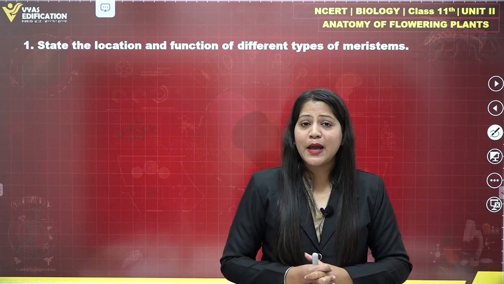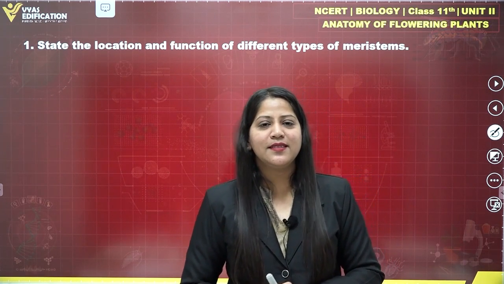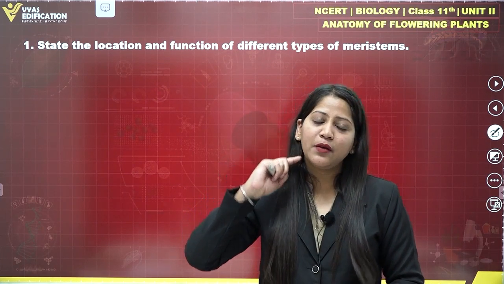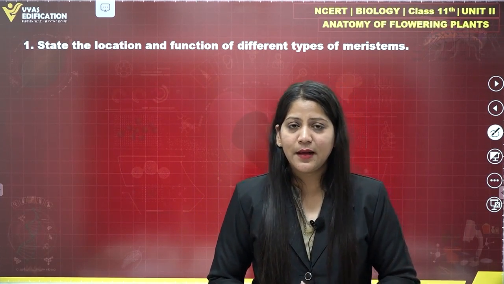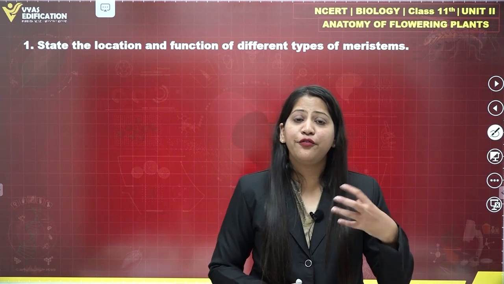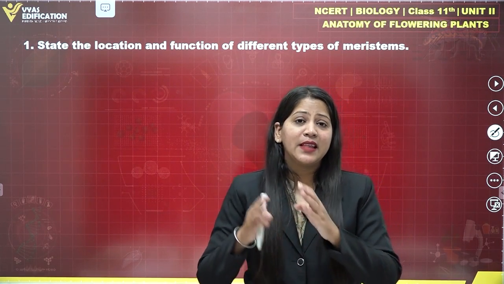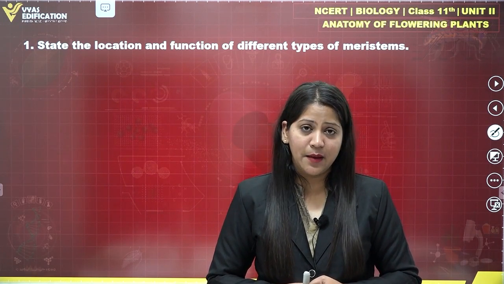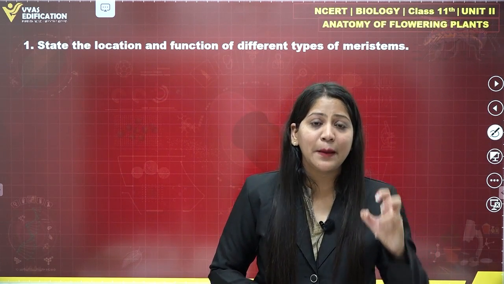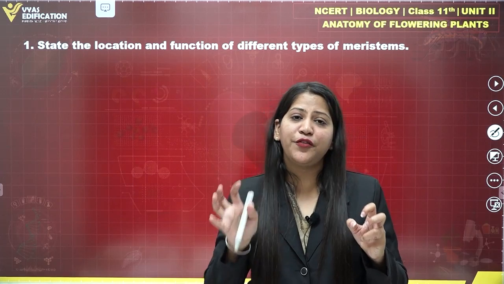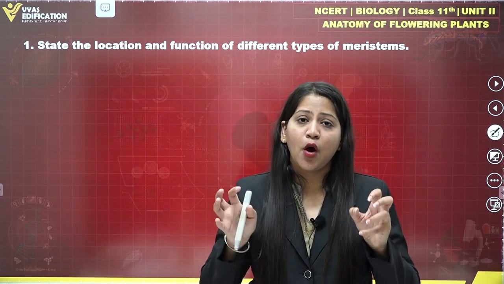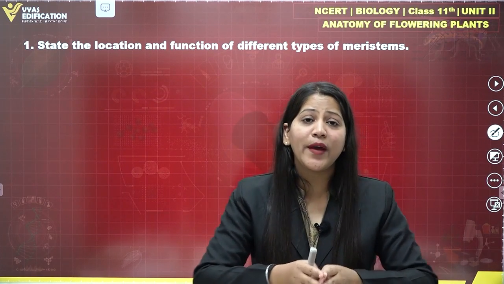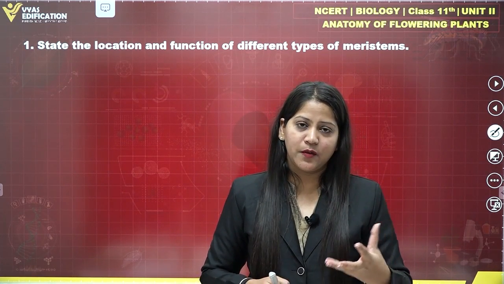Now another type of lateral meristem we have is vascular cambium. Vascular cambium forms in stems from the intrafascicular cambial strips as well as the interfascicular cambial strips.